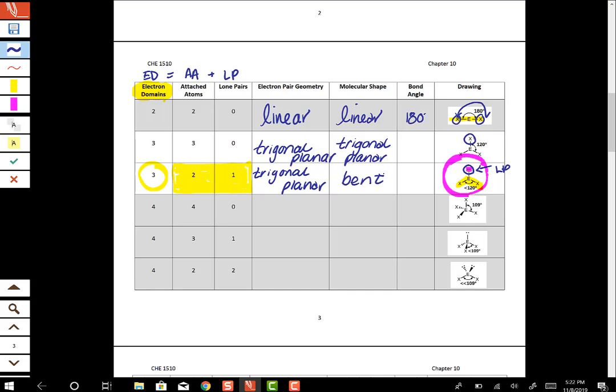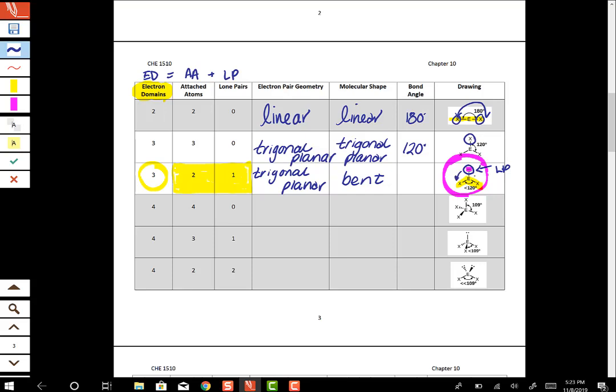And when we start to look at the bond angles, we're telling you here that the bond angle is 120 degrees when we have a trigonal planar electron pair geometry and shape. As soon as you add that lone pair, that lone pair takes up more space.